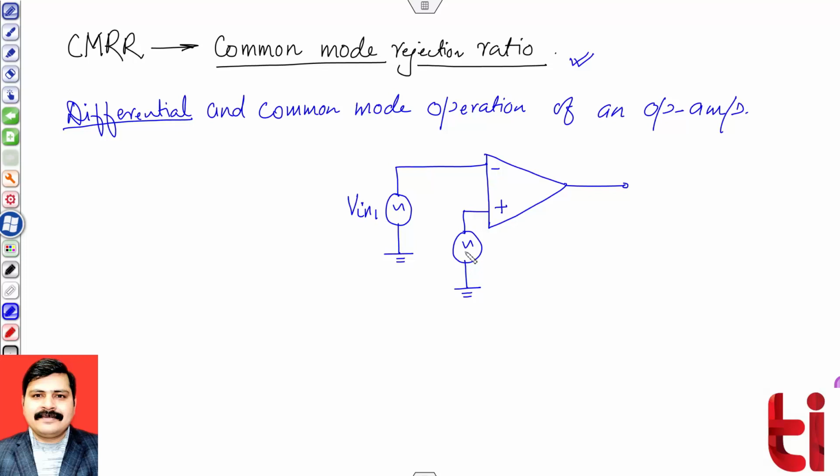Suppose this is V in 1, V in 2. So over here we will have VD, the differential input signal, and my output is V0.